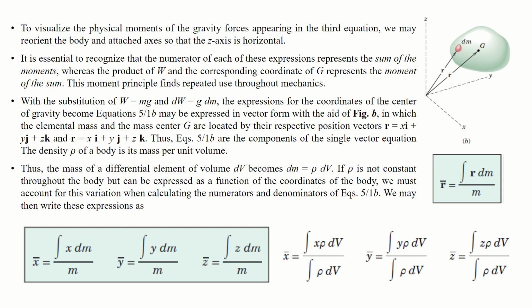So equation 1b may be expressed in vector form with the aid of 4 by 5b, in which the elemental mass and the mass center G are located by their respective positions. r is equal to xi plus yj plus zk, and the corresponding center is at r prime, defined as x prime i plus y prime j plus z prime k, where r is any position of dm.